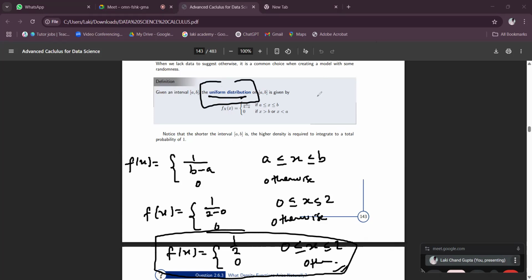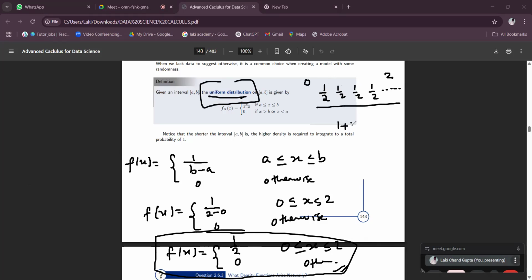The confusion that I have now is what does 1 over 2 mean here? 1 over 2, 1 over 2, 1 over 2, when you distribute it from 0 to 2, you will always get 1.